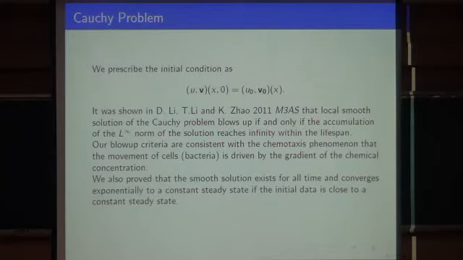It turns out that the blowup criterion is consistent with the phenomenon that the bacteria is driven by the gradient of chemical. And as t goes to infinity, in this case, we will have a steady state as asymptotic behavior.